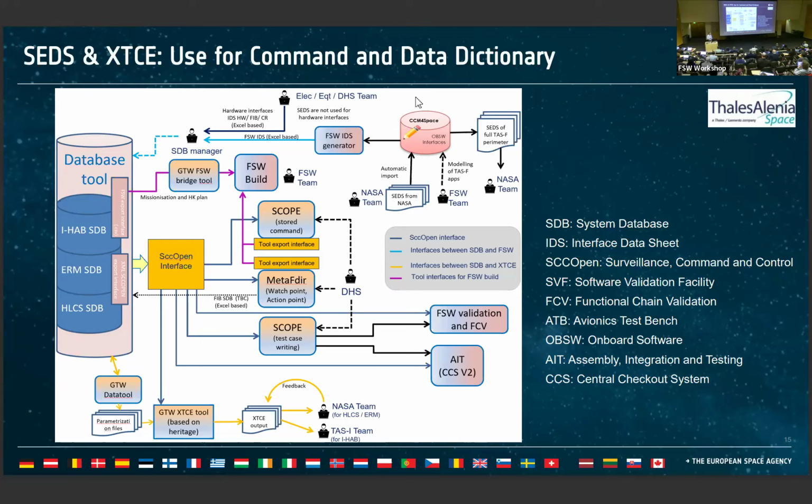So they use it as a source to generate different artifacts: tests, test scripts, flight software code. To import flight software from NASA, they always first read the electronic data sheet. So they really use this the right way to build the system, to verify that the interfaces match and things like that.